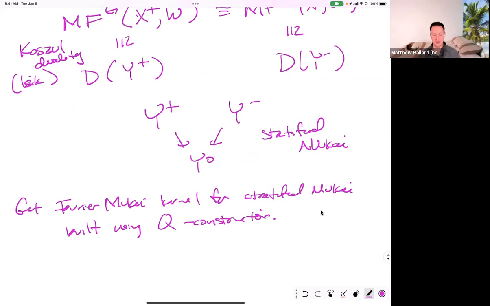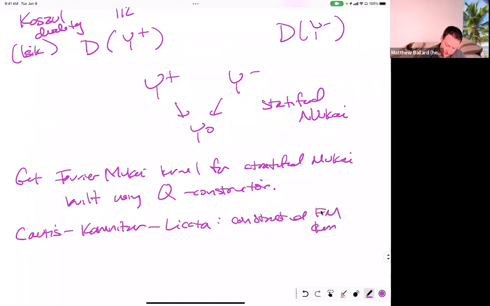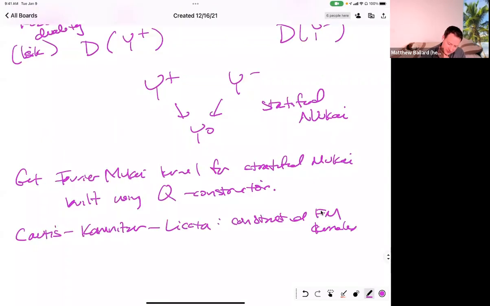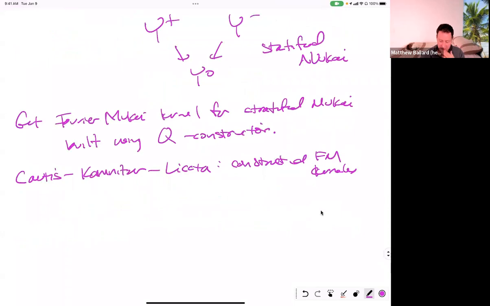a Fourier-Mackay kernel. And I should say, having a Fourier-Mackay kernel is not new. This is well known, one of the consequences of very nice work by Kautis, Kamitzer, and Licata. So they constructed Fourier-Mackay kernels for stratified Mackay flops using some categorical SL2 actions. My knowledge of linear causal duality is perhaps not as good as it should be, but the computations that we've done indicate that these are not the CKL kernels.